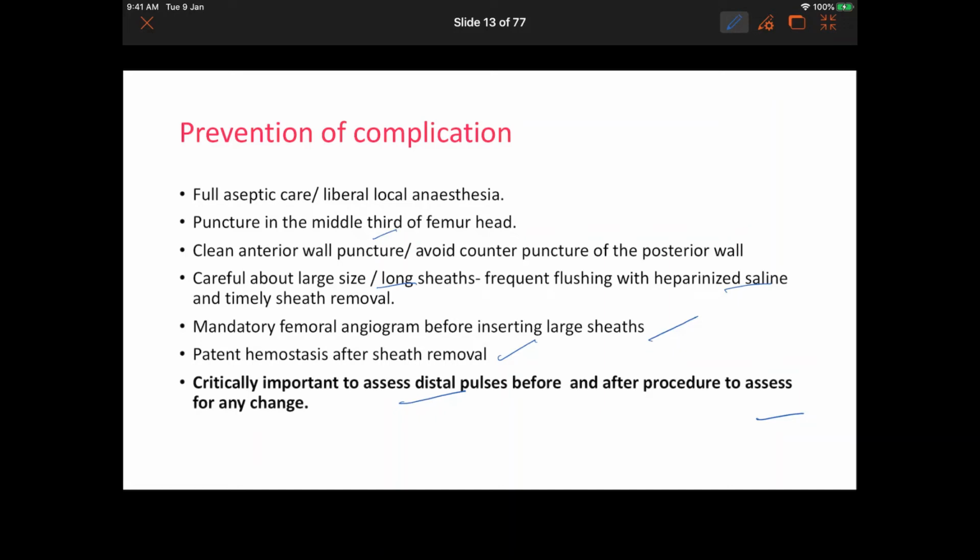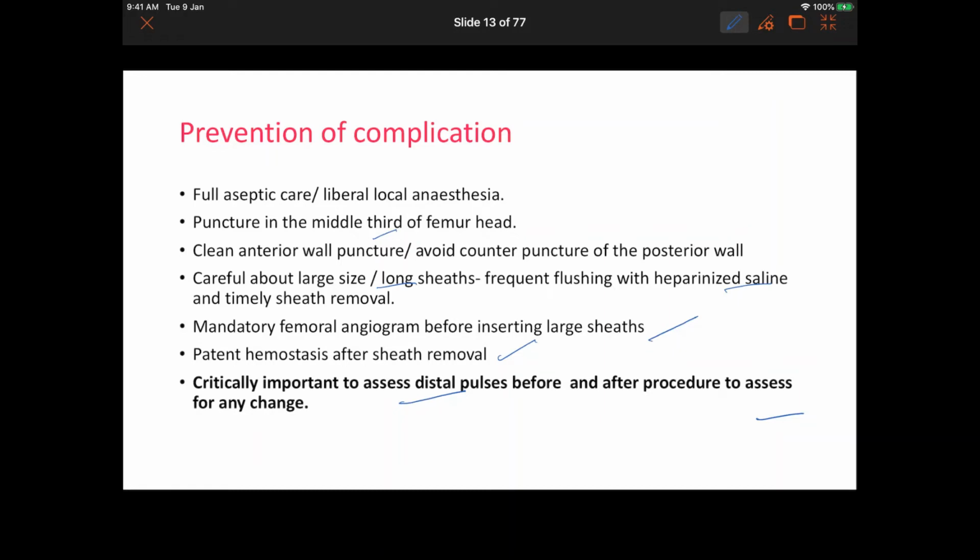Before that, if the EF permits, give some volume before you start. If the patient is on any vasodilators, stop them during that process, because all these can lead to vasovagal syncope during sheath removal. When you are removing the sheath, the pressure over the groin should correlate with the arterial puncture site, not the skin puncture site.